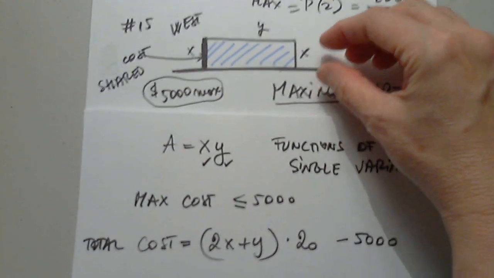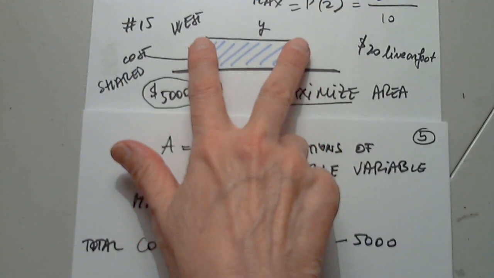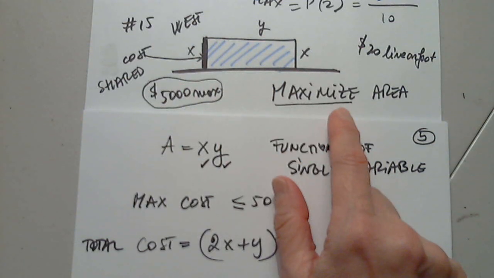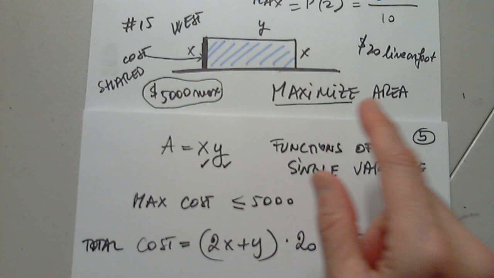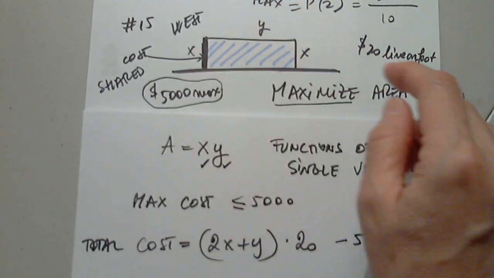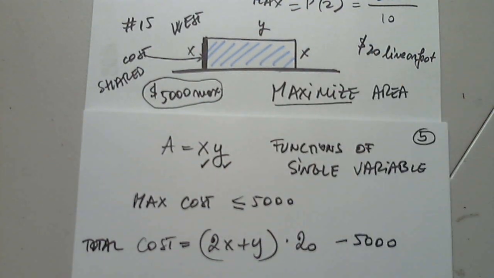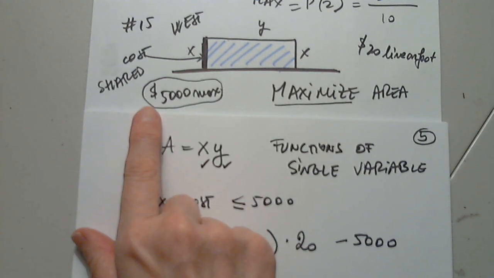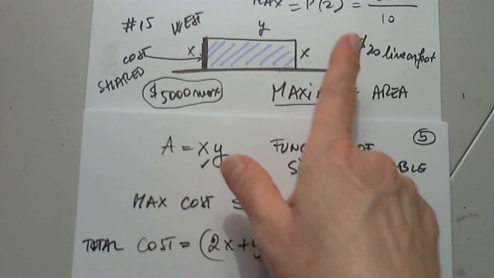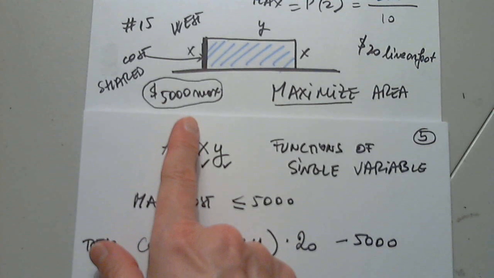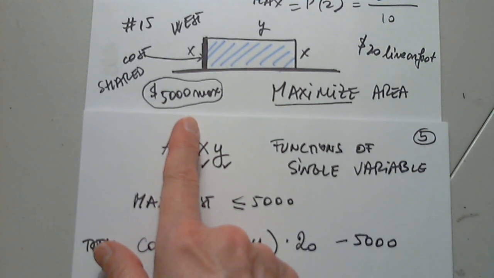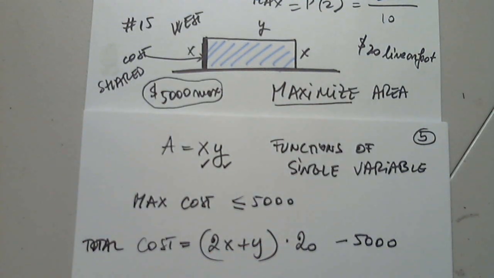In other words, find x and find y that will maximize the area. Knowing that the cost of the fence per linear foot is 20, and we're going to pay for the whole thing minus the 5,000 that the neighbor is willing to pay.